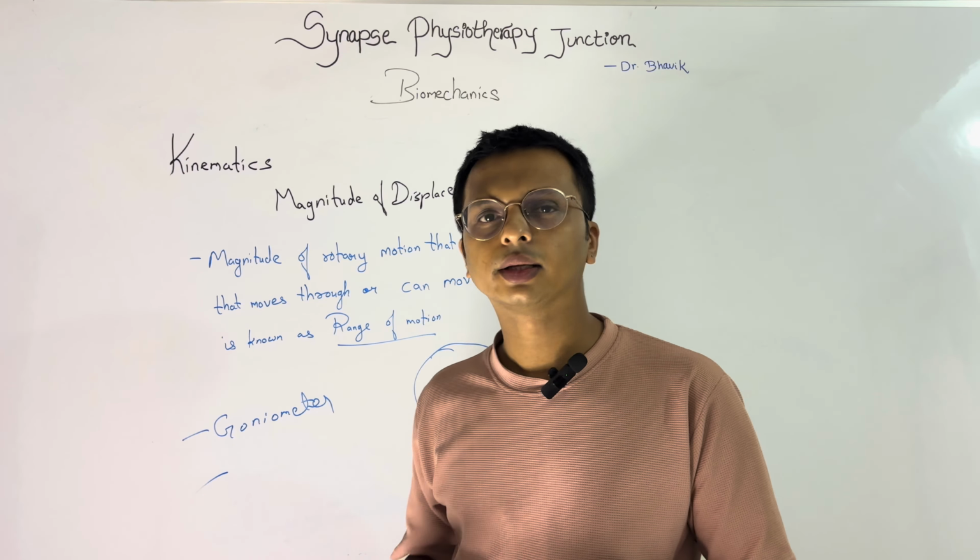Okay, now this is about rotary motion. What about translatory motion? Suppose I am going in a linear direction from one place to another. There has to be some measurement, which will be done in meters. If the movement is small, it will be measured in millimeters or centimeters.